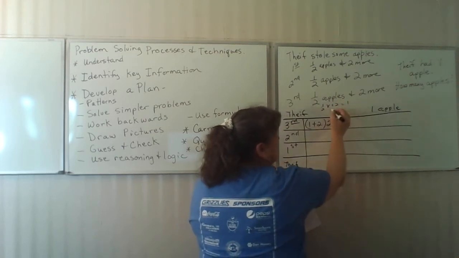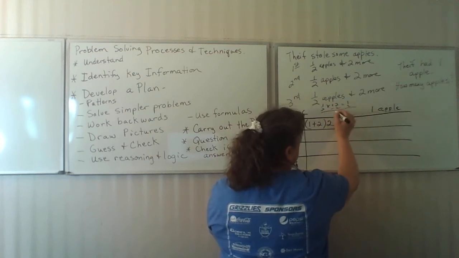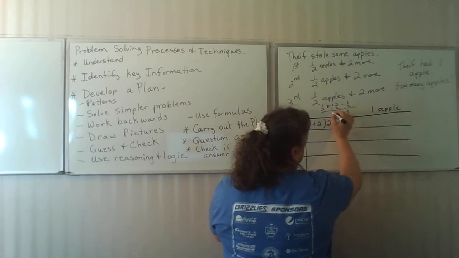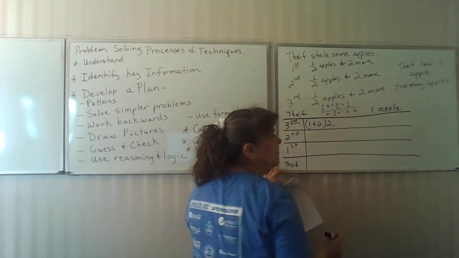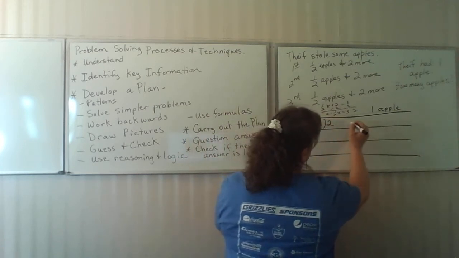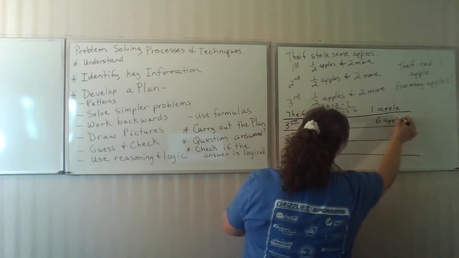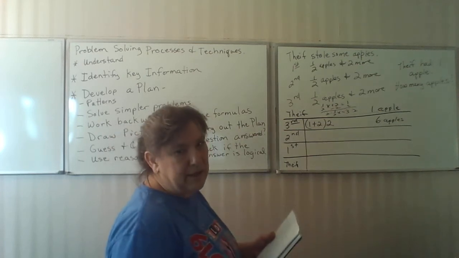So if I subtract my 2, and we'll learn to do this, you've learned it. So I have 1/2 x equals 3, multiplied by 2 to get rid of it, and I end up with x is equal to 6, right? So 1 plus 2 times 2 gives me 6. So he had 6 apples at this point when he came to the third watchman.